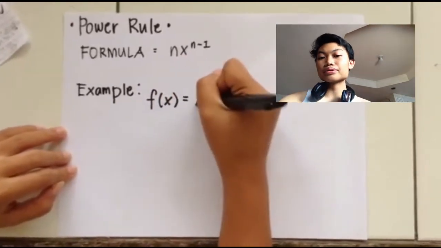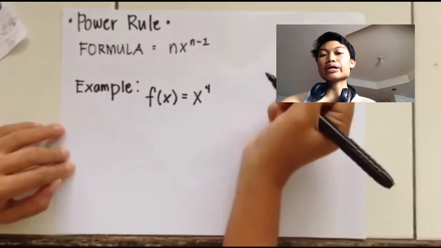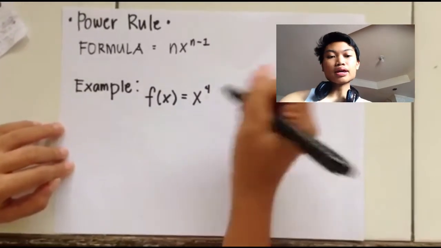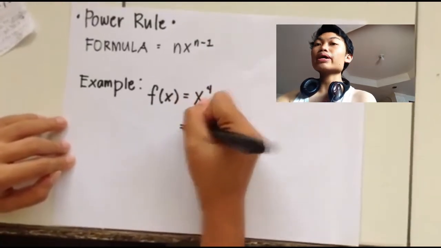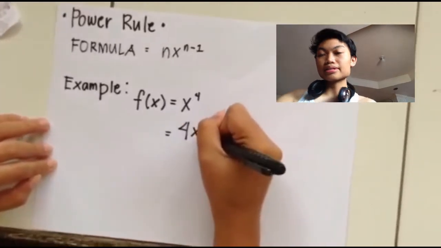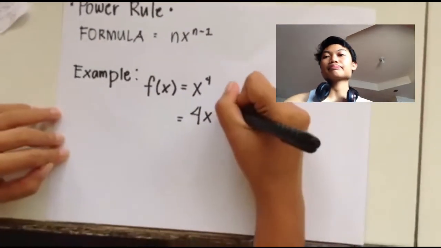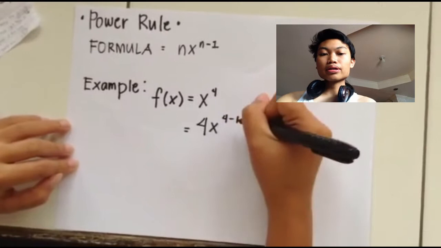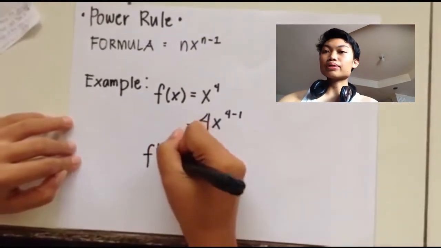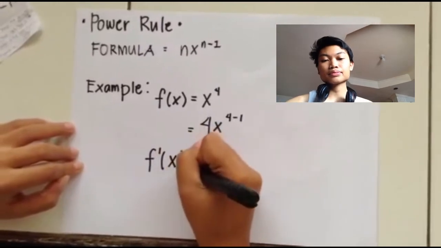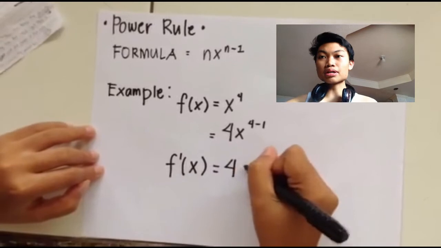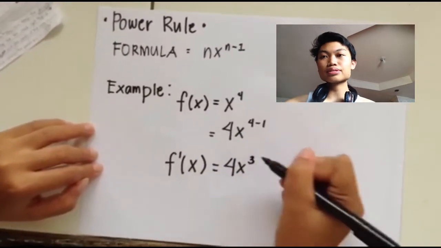All you have to do is bring the power down, turn it into the front coefficient, and then reduce that power by 1. So it will look like this: f prime of x equals 4x raised to the 4 minus 1. So the result is 4x to the 3rd.